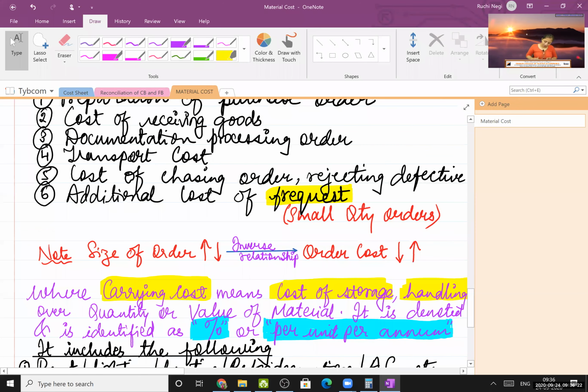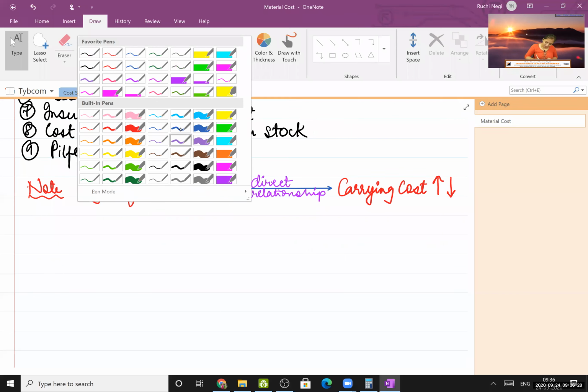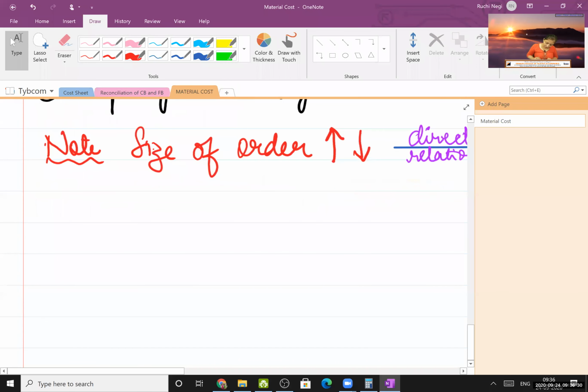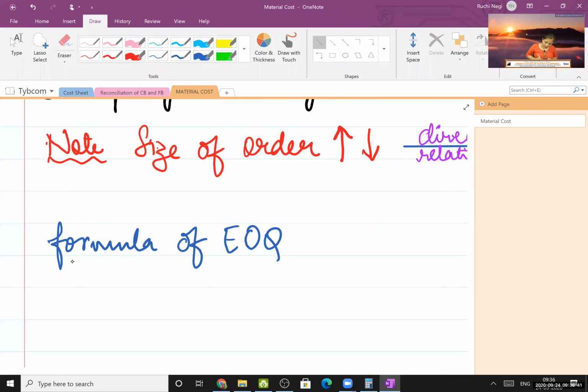ये हमारा हो गया। Let us do the formula of EOQ. Okay, let us do the formula of EOQ.